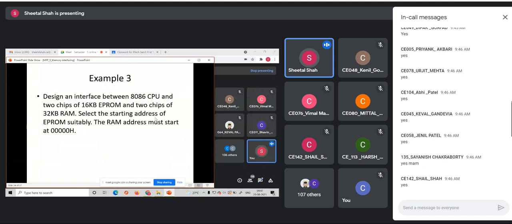The address of the EEPROM is not provided, and it is said that we have to select the starting address of this EEPROM suitably. That means, which address should we have for this EEPROM? Can you tell me what can be the ending address?